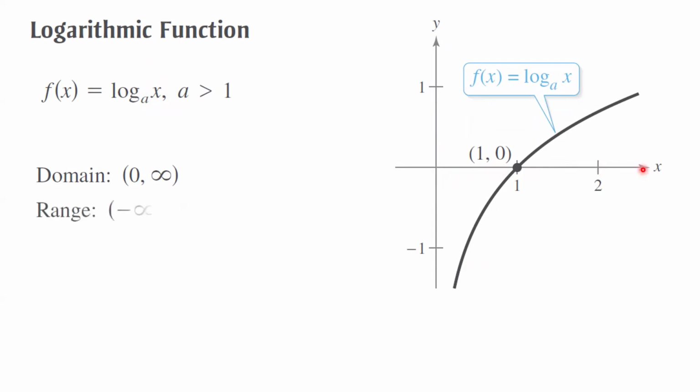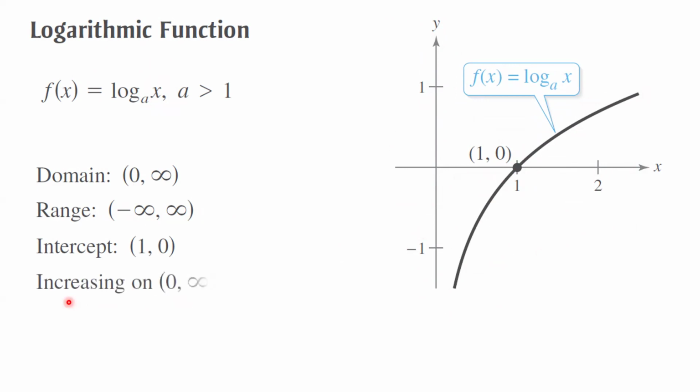What about the range? Well, we don't have any restriction on y values. The y values can be negative, positive, or 0. So range is negative infinity to positive infinity. What are the intercepts? The graph only hits the x-axis at the point 1, 0, but there is no intersection with the y-axis.